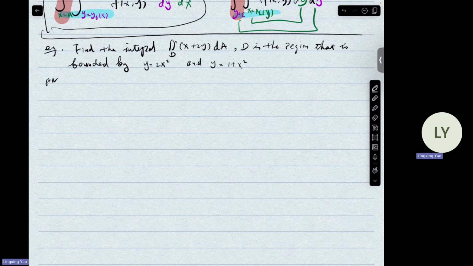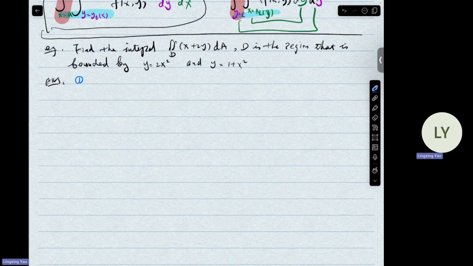And this question is particularly hard because it doesn't really tell us where exactly the region is. We have to figure it out. So the first step in our calculation has to be that we need to figure out the domain D by finding all the intersections.